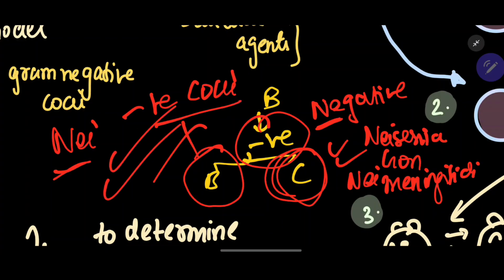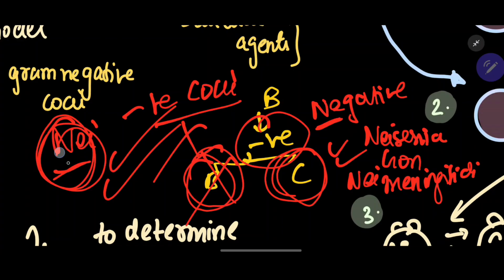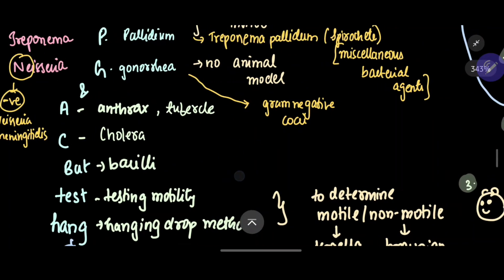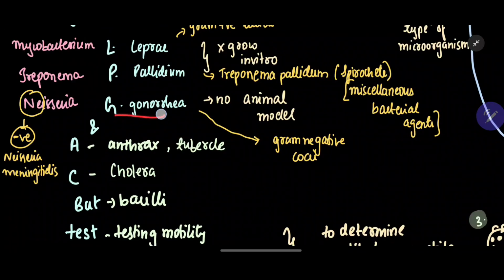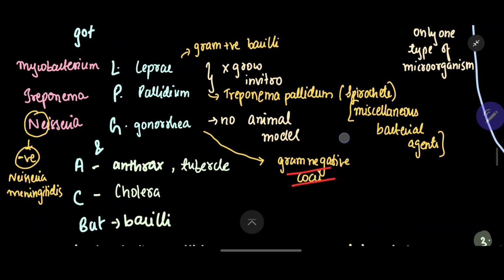Easy because I said bacilli do not have a mnemonic. Now it's starting with NE, negative, Neisseria. So Neisseria are our negative cocci. Okay. So Neisseria gonorrhoeae, it is a gram-negative cocci.